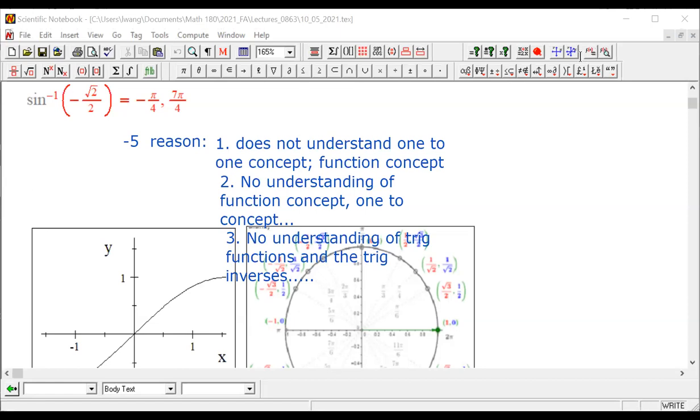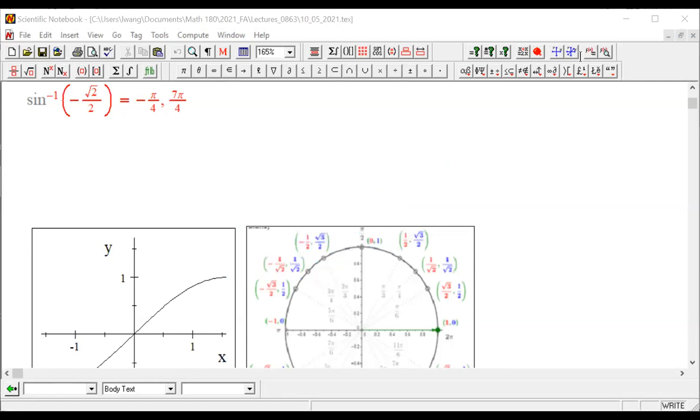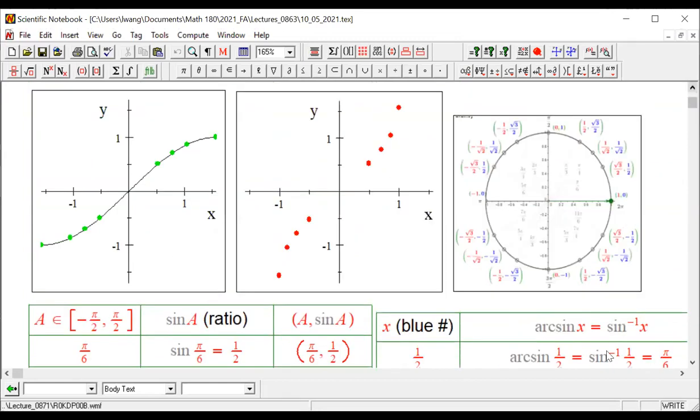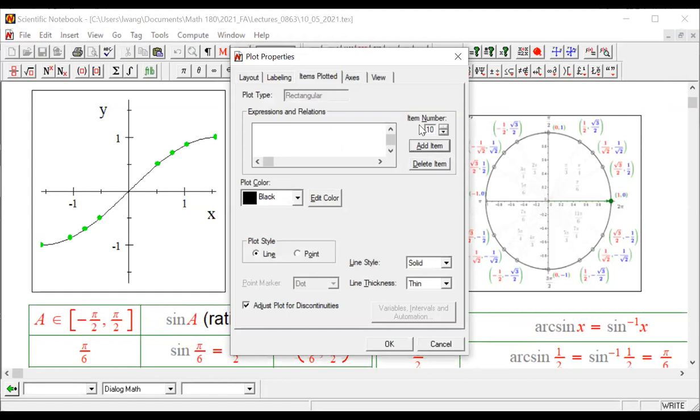All right. Without further ado, let's connect the dots today, okay? Tomorrow we'll continue this. There are a lot of other observations. So let me put on the Arcsine.